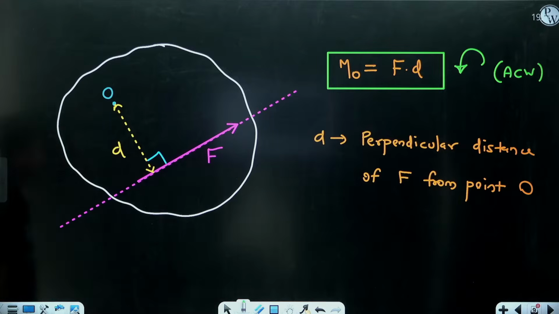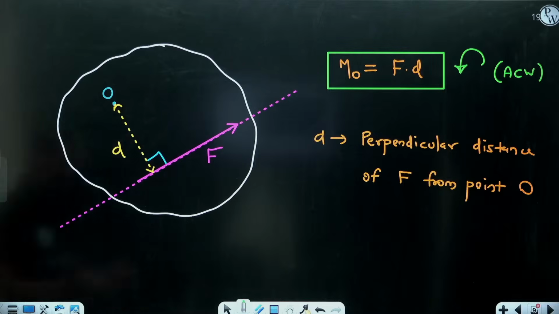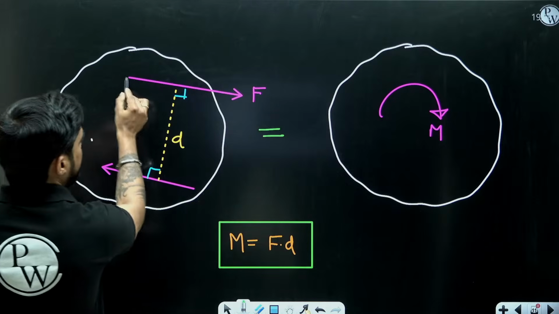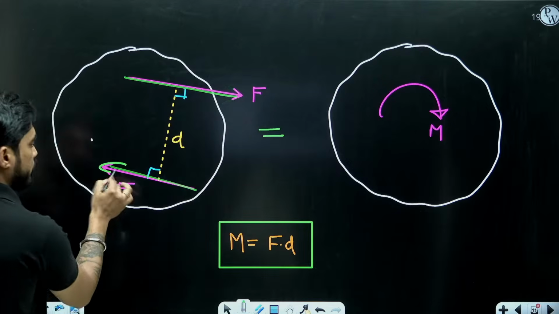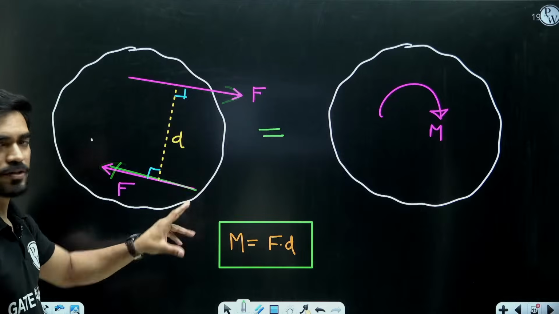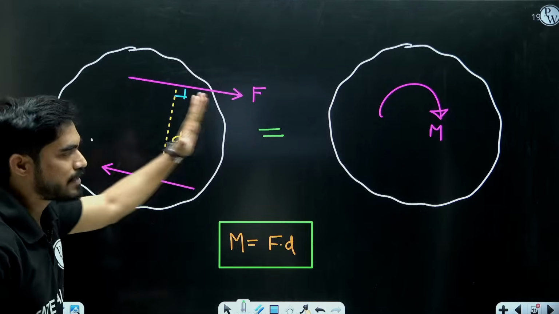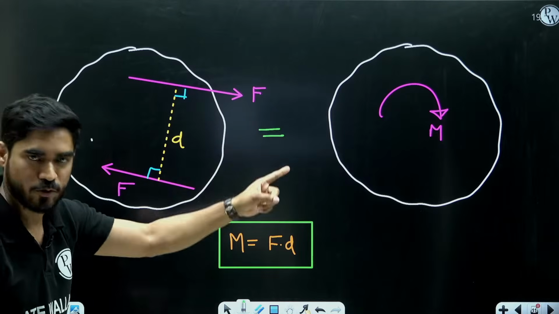But when we say there is a couple, then there is no translation, there is pure rotation, because both these forces got cancelled. So now there is no tendency to translate, there is pure rotational motion, right?